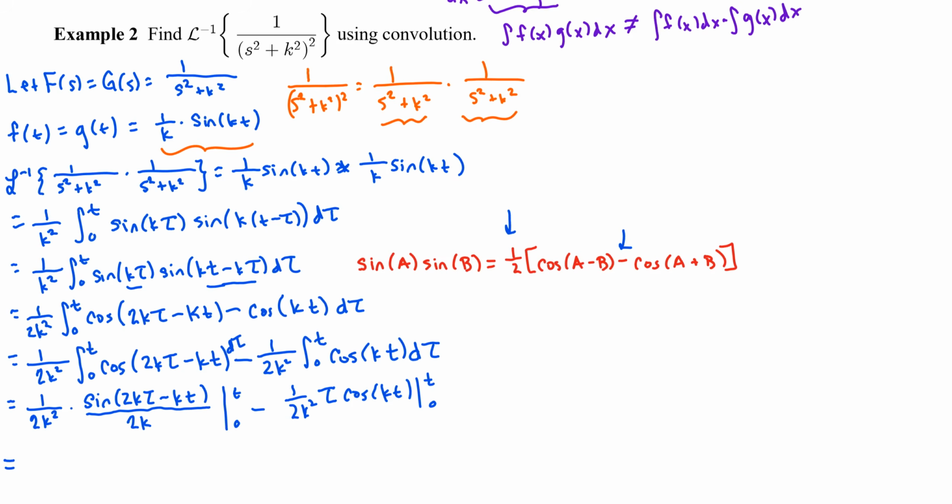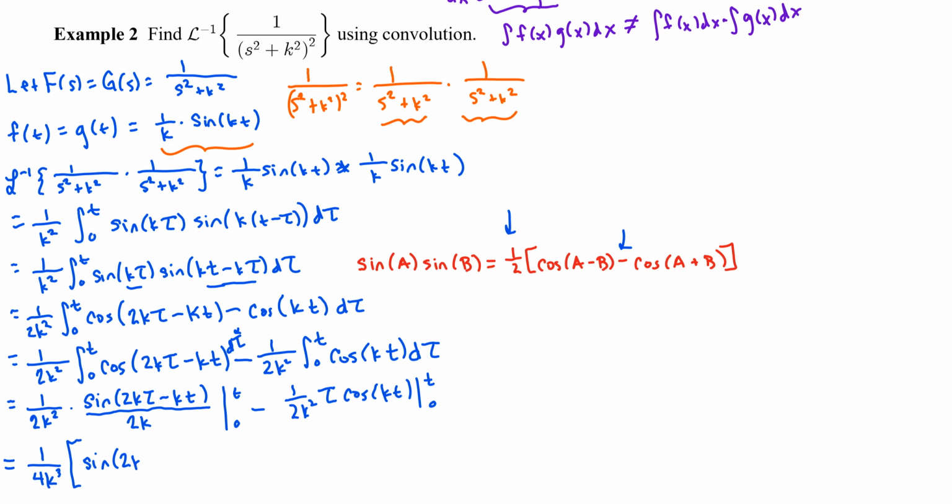Working on our first term, we have 1 over 2k squared, and notice we have a 2k in the denominator to the right, so let's go ahead and multiply those together. 1 over 4k cubed. Then we're going to have sine of, we're plugging in our upper limit t. Don't forget our variable of integration was tau, so we plug our limits of integration for tau.